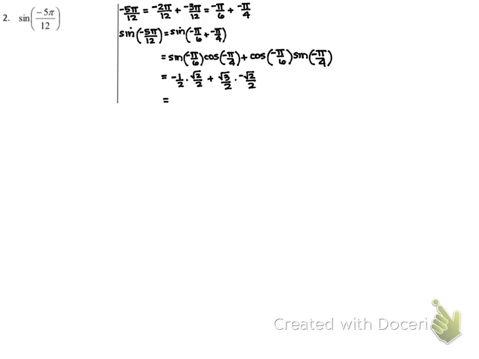Okay, multiply these together. It's going to give me negative root 2 over 4 plus negative root 6 over 4. Denominators match. Getting a combination of root 2s and root 6s is kind of common. So negative root 2 minus root 6 all over 4. And that's my exact answer.